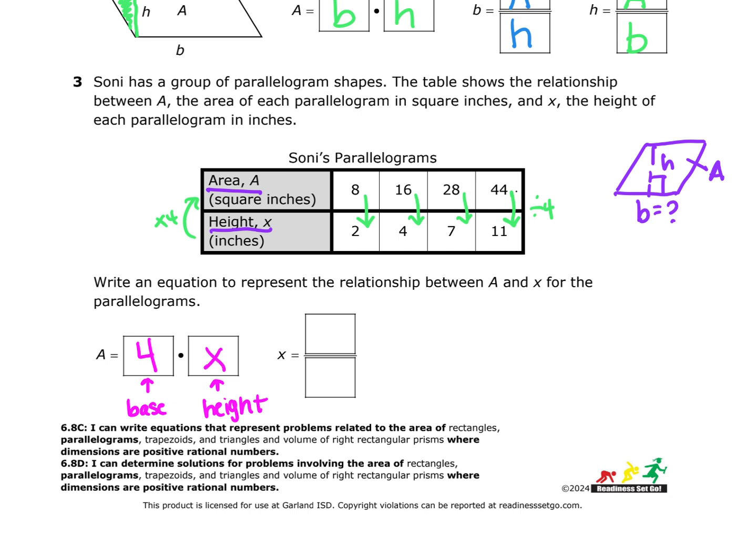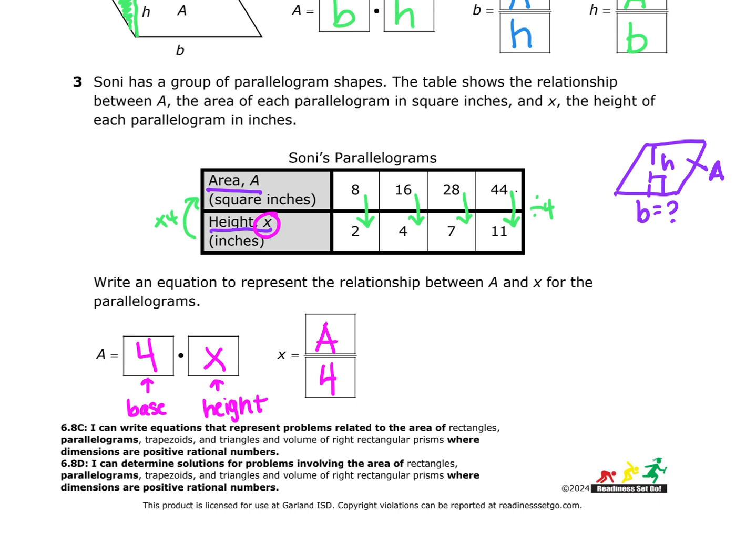You could also use the variable h, but since we're using x here, we're going to keep it consistent. Look at the next one. We're trying to find x, so how do we find the x value? We're going to do area divided by the base. Area divided by my base, which is already given as 4, is going to be equal to x, or equal to my height.